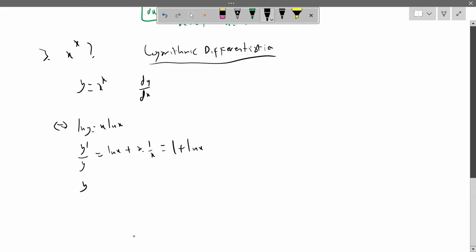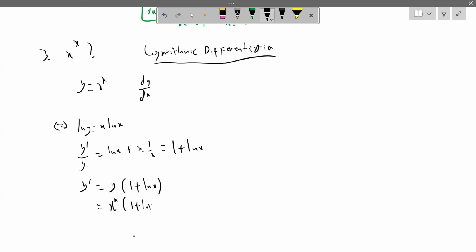Hence, y prime here is y times 1 plus ln of x. And don't forget to substitute y back, because y is equal to x to the power of x. And there you go. That's the derivative of x to the power of x. A bit convoluted, but it works nonetheless.